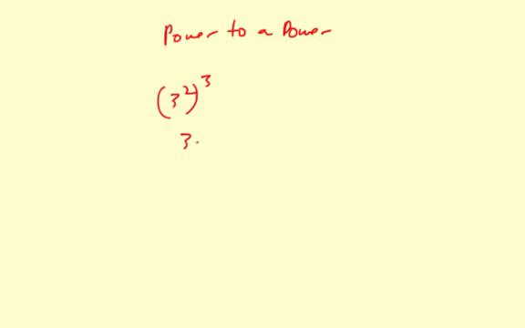So it's 3 times 3, and then times 3 times 3, times 3 times 3. 1, 2, 3. So that's 3 of your 3 squares, and that is 3 to the 6th because there are 6 of them. So what that means is you can multiply these exponents. That equals 3 to the 2 times 3, which is 6. That's power to a power.